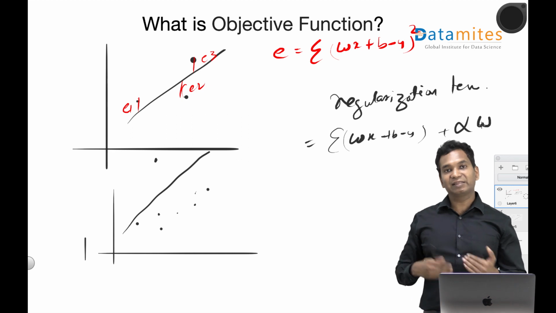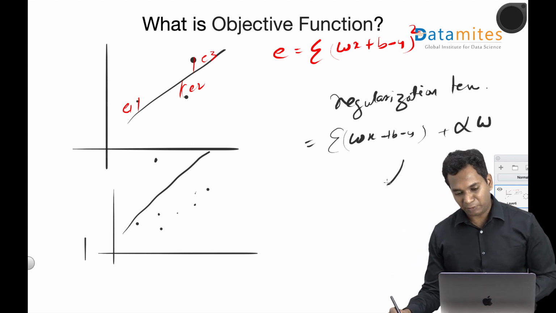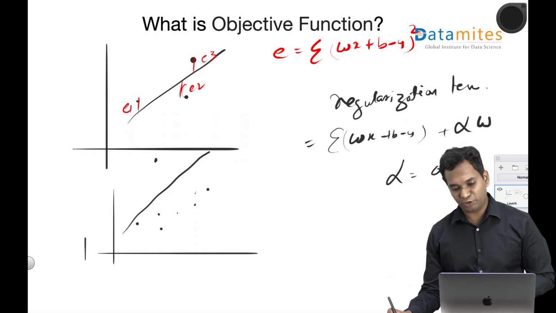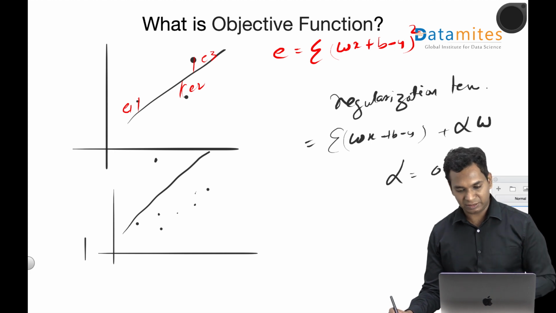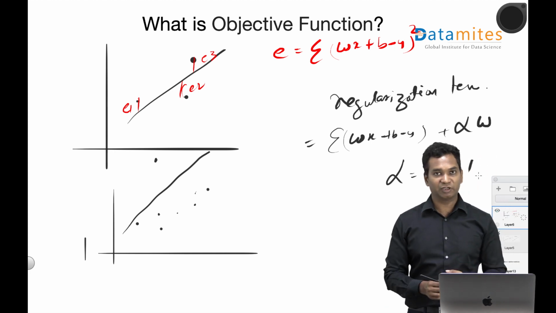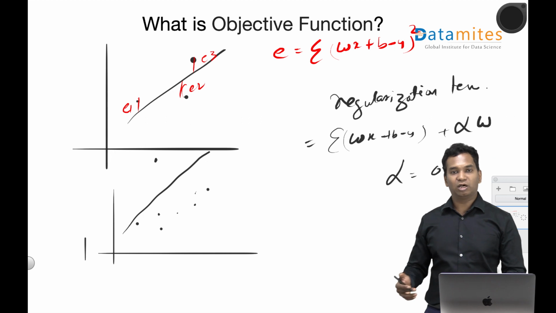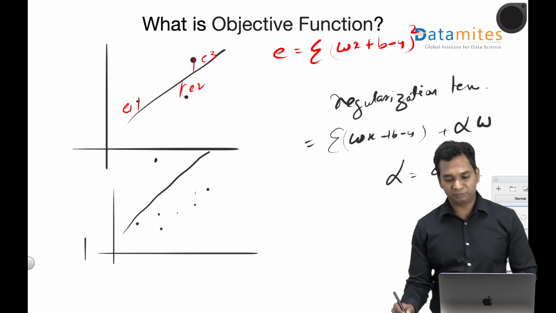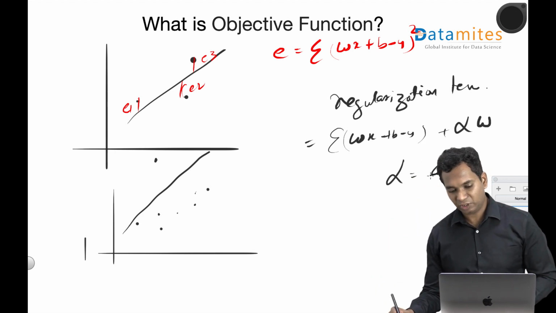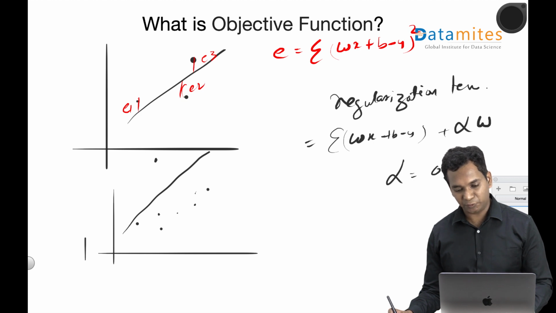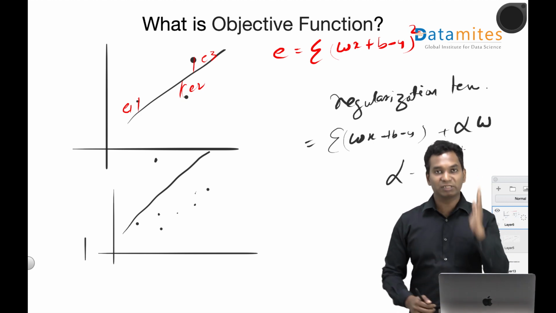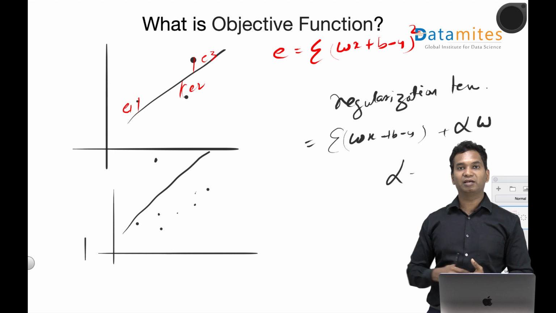So now I have another term which is alpha. By changing the value of alpha, if you put 0, then it is just simple regression. From 0 to 1, or you increase the alpha value, by controlling this alpha value, you can control the slope because it's affecting your W.